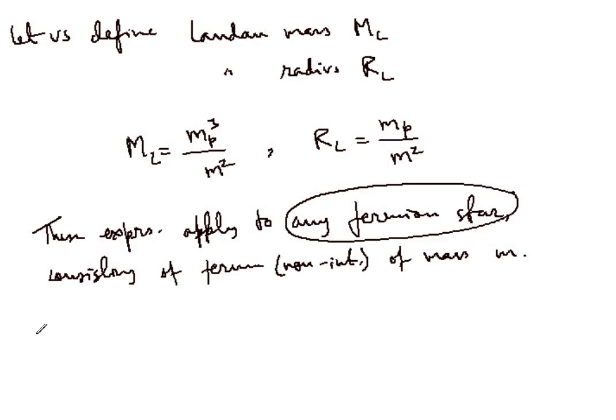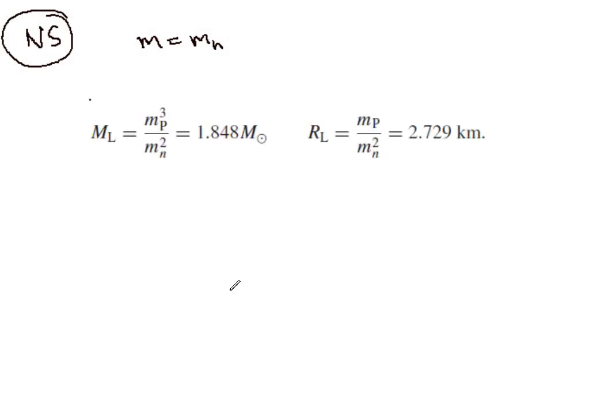So for a neutron star, basically m will be equal to the mass of the neutron, right? And you will see that the value of the Landau mass and the Landau radius will become these values.